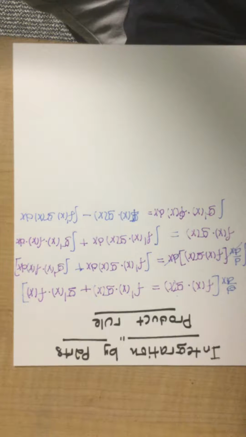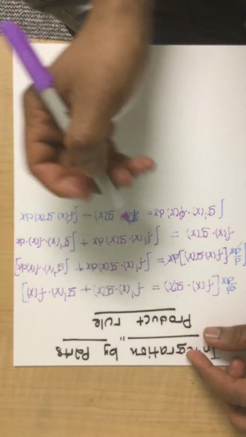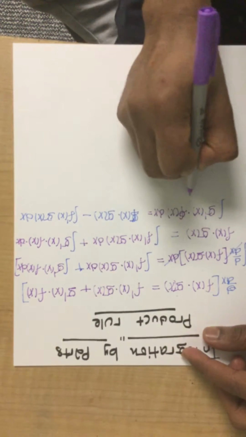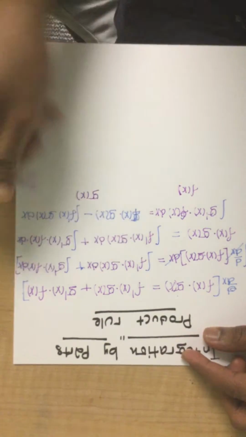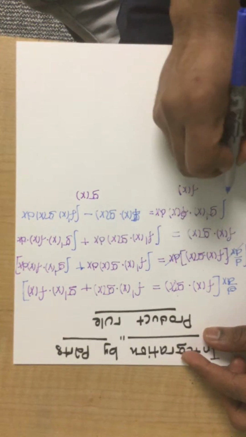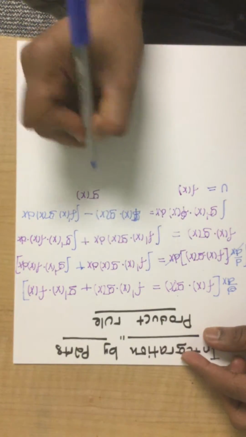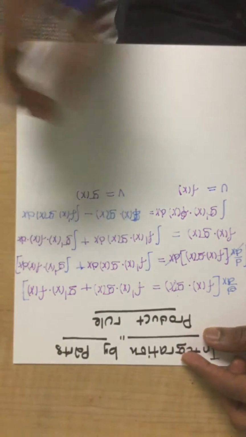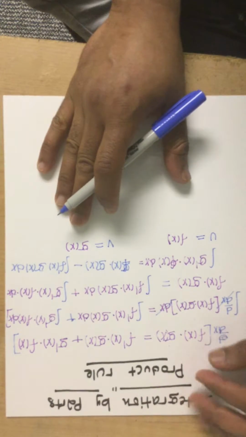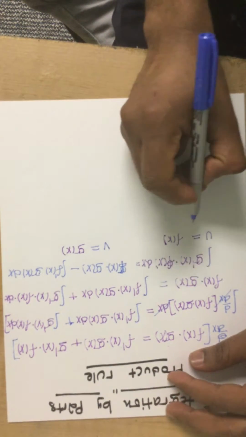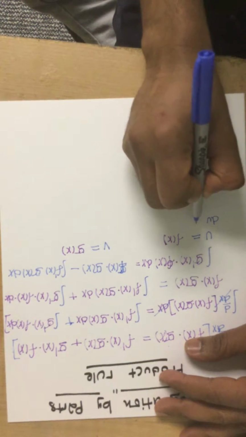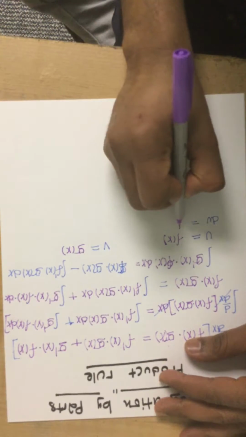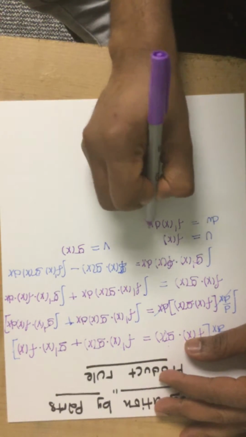So if we say u is equal to f of x and v is equal to g of x, then the derivative of these functions will be du, which is equal to f prime of x dx.